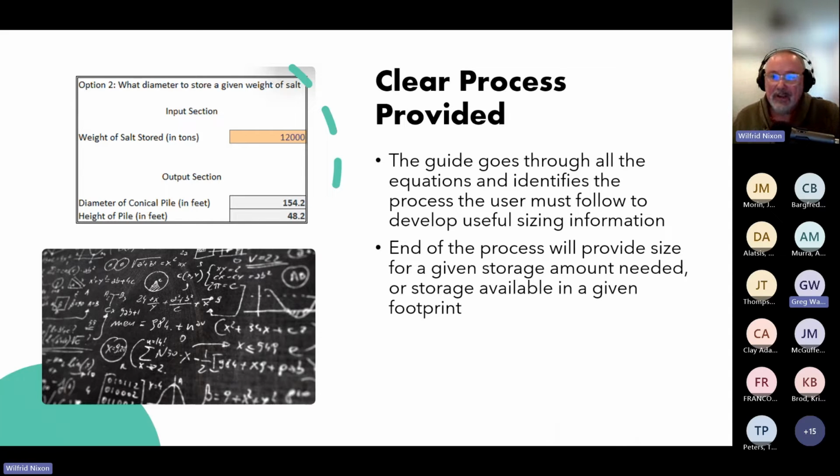The guide takes you through all the equations in case you want to read those sorts of things, and, this is the most important aspect of the guide, it takes you through step by step the process that a user has to follow to get useful sizing information. At the end of that process, you're going to get size for a given storage amount needed or storage available in a given footprint.